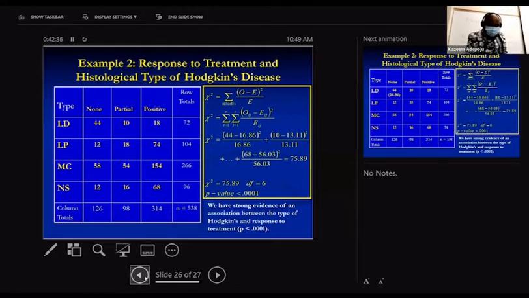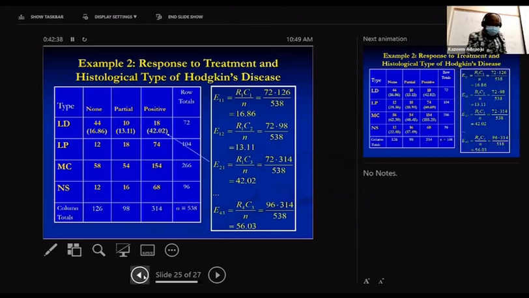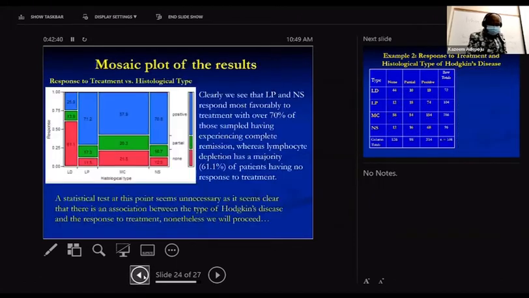And you know what? Even the plot here has already shown us that the relationship exists. Look at that. Some patients responded more to treatment for AP and NS. Look at that. And that was why I said clearly we can see that AP and NS respond most favorably to treatment with over 70%.